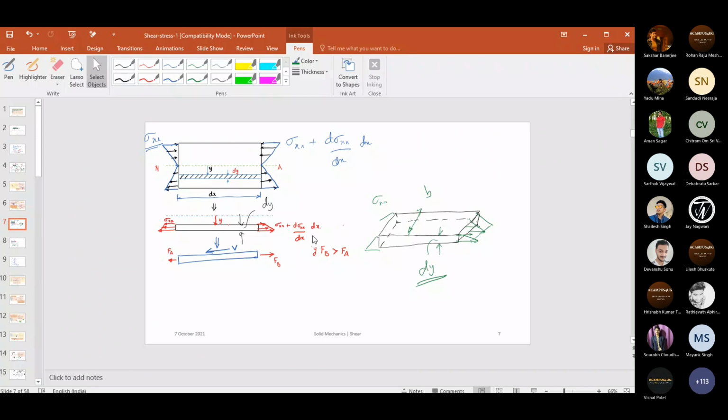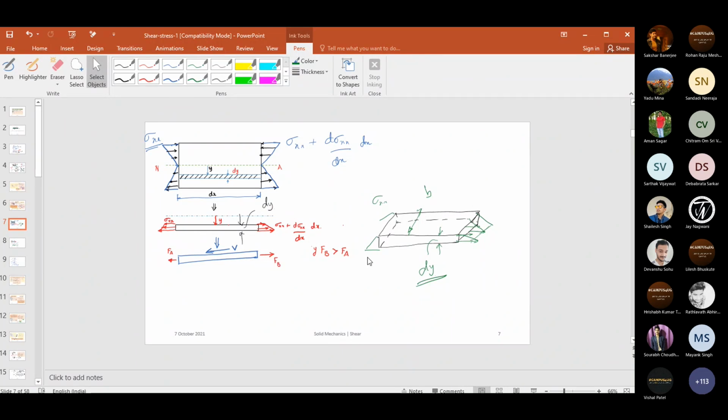It may be different by 1% or it may be different by 2%. Doesn't matter. But nevertheless, theoretically, FB is greater than FA. To balance that FA in equilibrium, because this is greater than, then it will start to move like this.